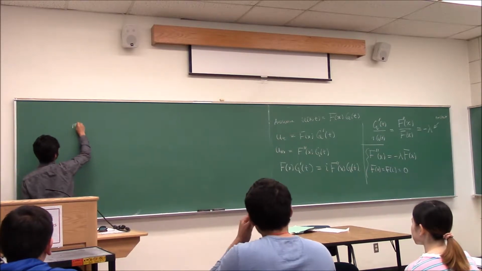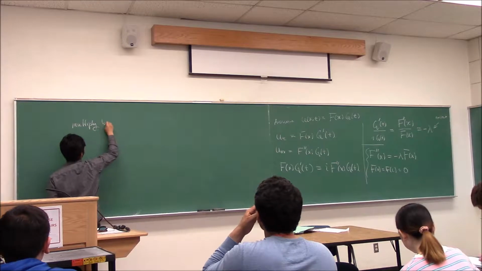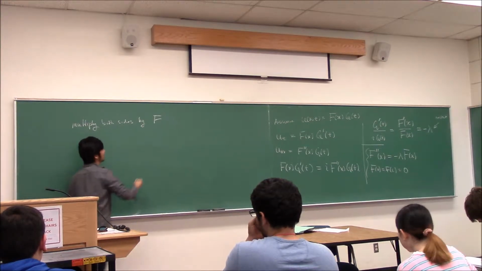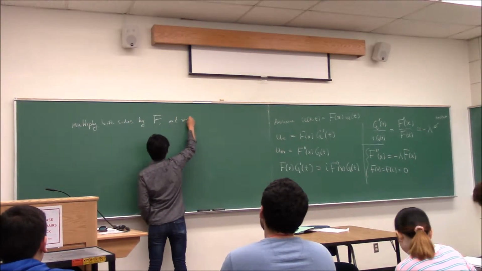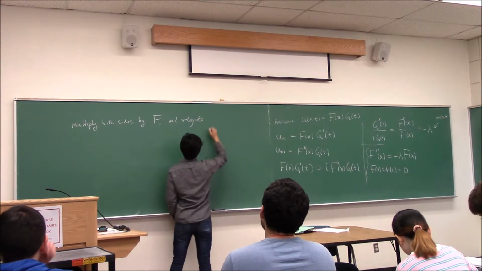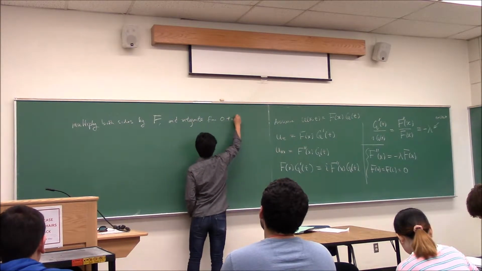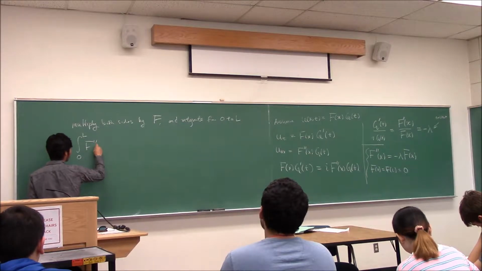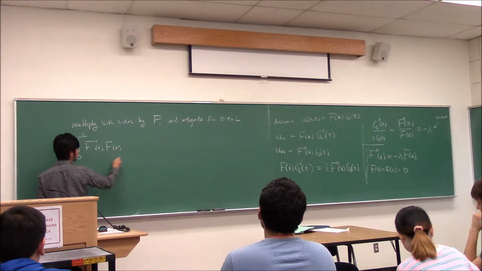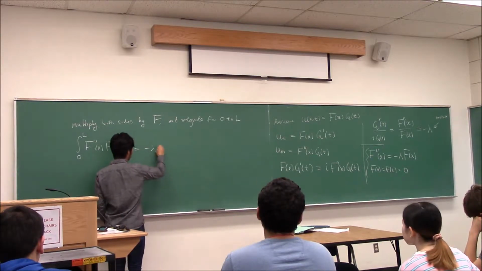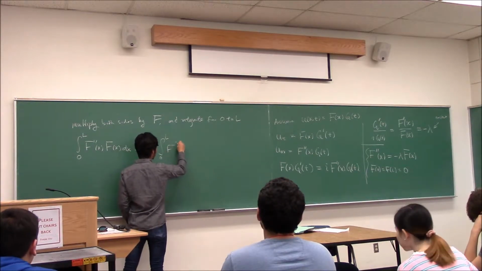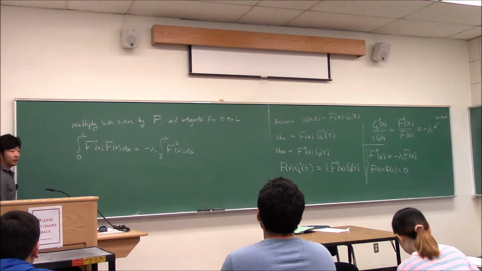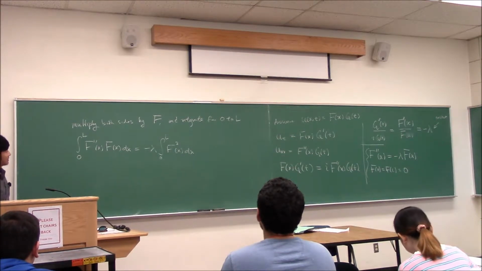What we can do is multiply both sides by f and integrate from 0 to L. So when we do that, we get the integral from 0 to L of f double prime times f of x dx is equal to negative lambda integral 0 to L f squared of x dx. So far so good. I just did what I just wrote here.